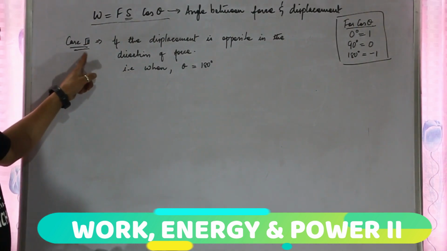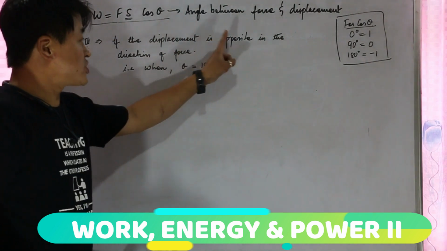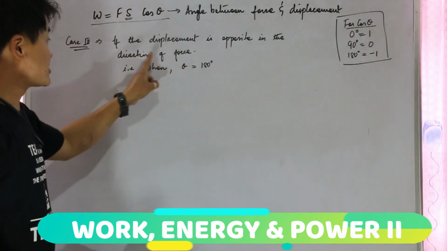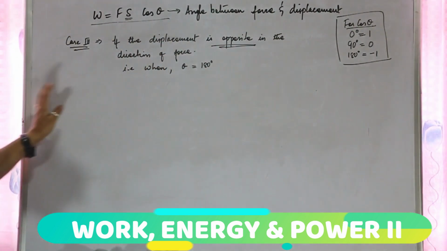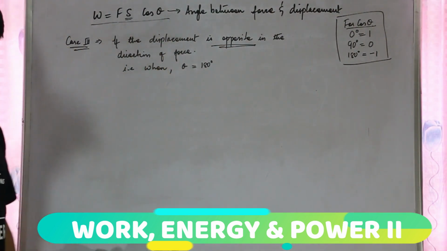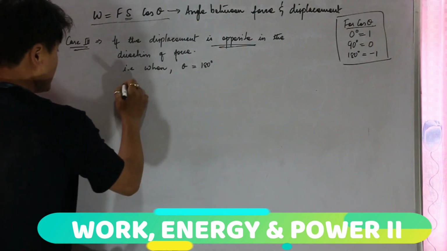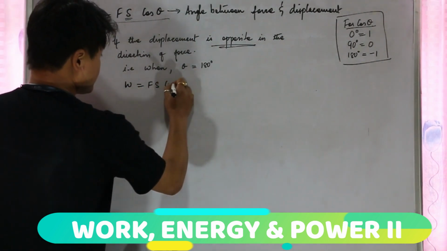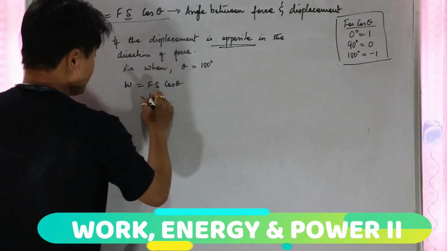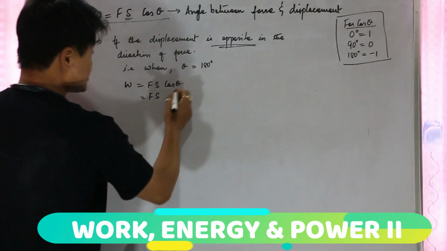And case 3: if the displacement is opposite to the direction of force, that is when theta is equal to 180 degrees. Let's see. Work is equal to force times displacement times cos theta. Here cos theta is how much?